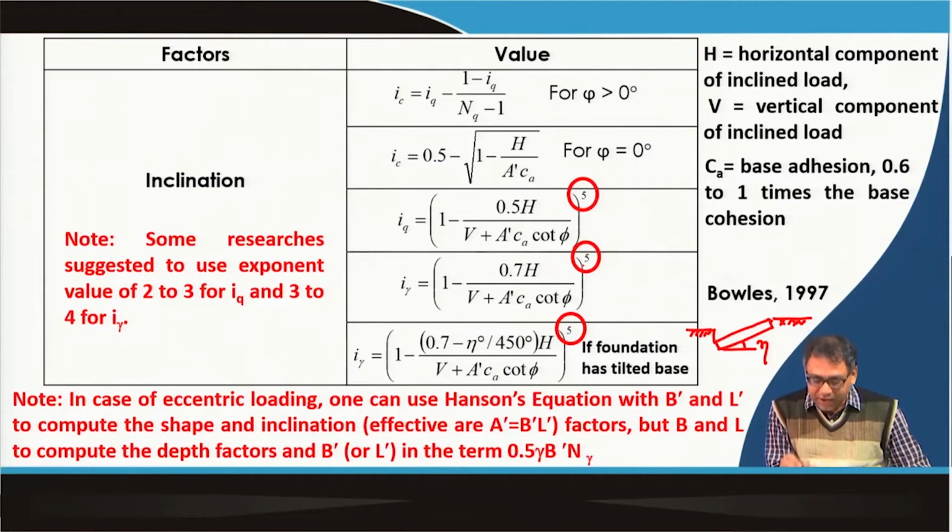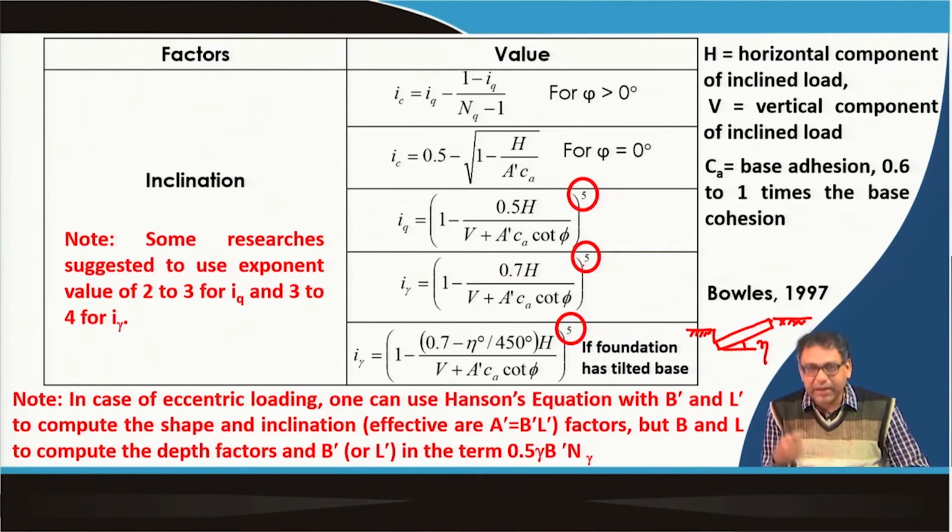Instead of using 5, you can use any value in between 2 to 3. For iq, you can use 2, you can use 2.5, you can use 3 also, or in case of i gamma you can use 3, 3.5 or 4. Okay, slightly lower value, but as the original equation is given as 5.